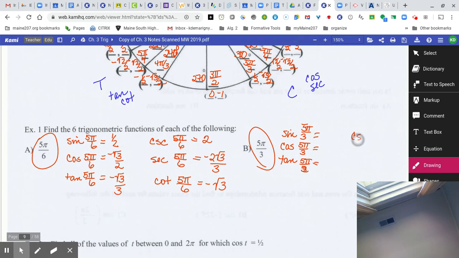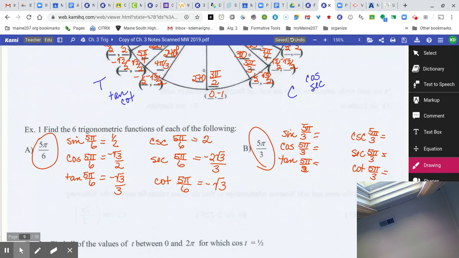And then my cosecant, my secant, and my cotan of 5 pi thirds. It's just a lot of writing. Okay, so if I'm at 5 pi thirds, it means that I'm at 1 pi and 2/3 of another.